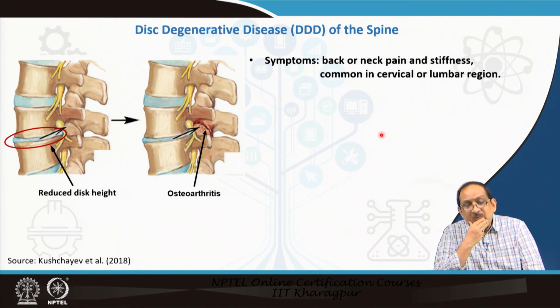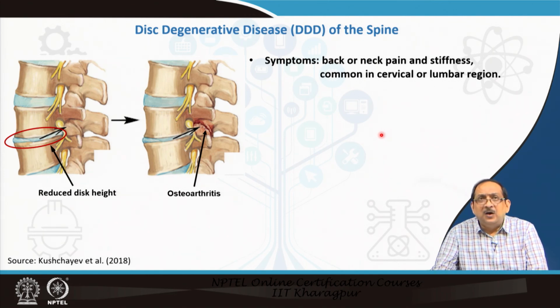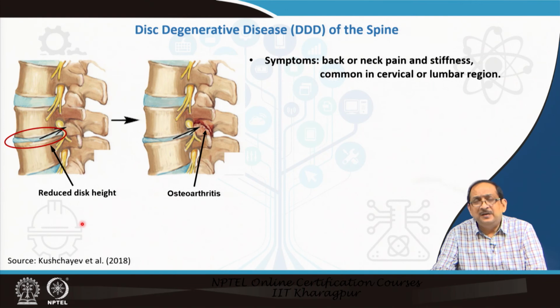Let us come to the final topic, the degenerative disease of the spine. On the left, we can see the image where reduced disc height has been presented, and on the right it actually proceeds towards osteoarthritis in the facet joints.